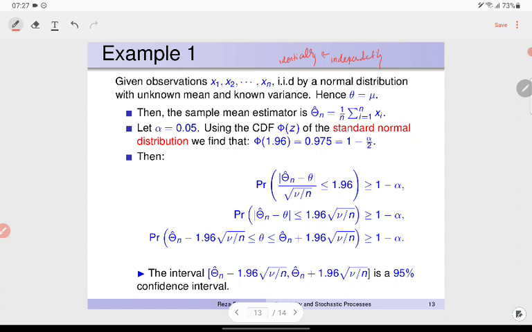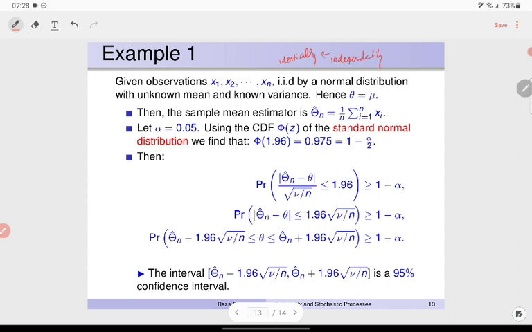Now, the problem is, how do we fix the confidence level? Assume that we take alpha to be equal to 0.05. Using the CDF phi of z of the standard normal distribution, you can find a table for this.